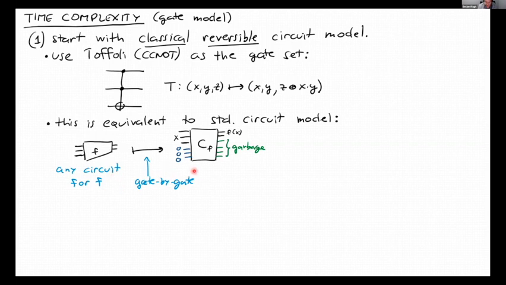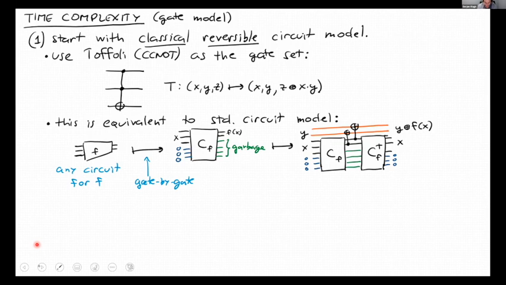That means I can do a gate by gate expansion of this circuit into a reversible circuit, which will still compute the function on the top input and output wires, but it'll need some extra stuff, like maybe some extra ancillas prepared in fixed states. And it'll also produce some X-dependent garbage over here.